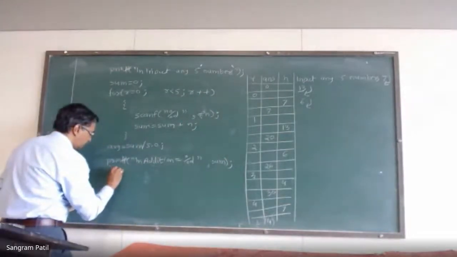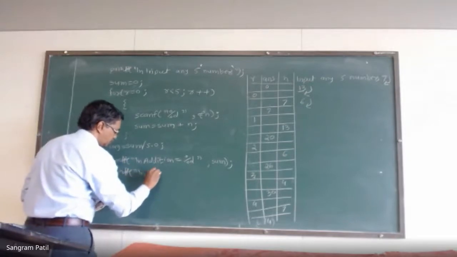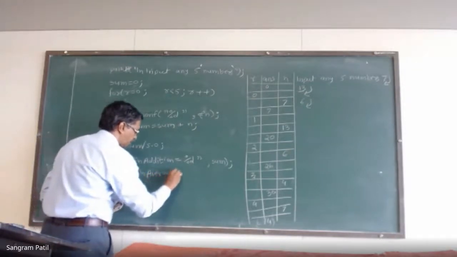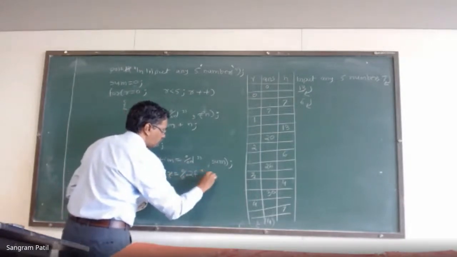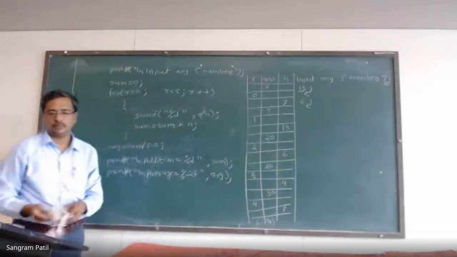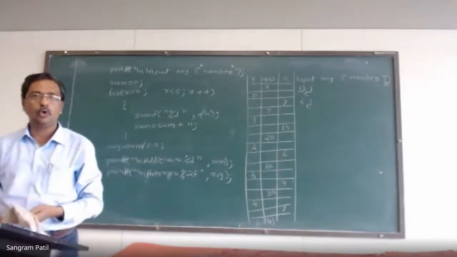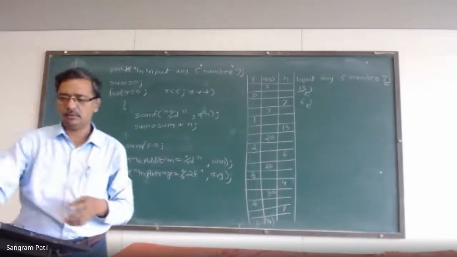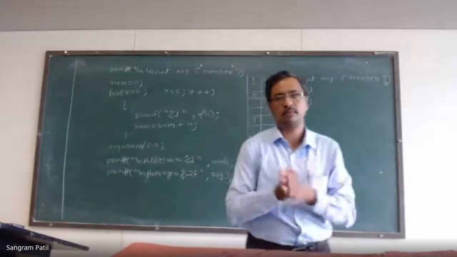So we take here sum. I think this is clear. Write a program to read 5 numbers and display sum and average of 5 numbers.